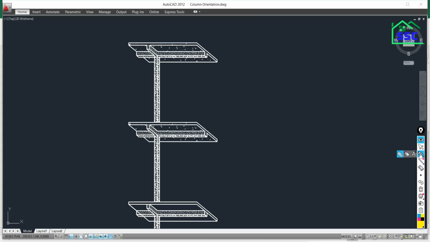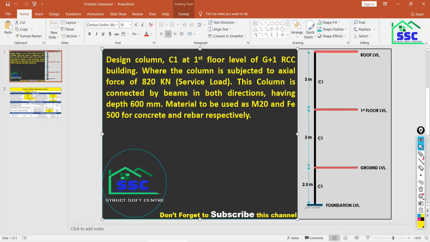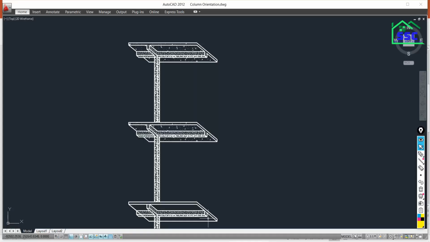But in the calculation we need the unsupported length of the column. How can you calculate it? To calculate the unsupported length of the column, we have to subtract the depth of the beam. In the given problem statement, the depth of the beam is 600 mm in both directions. The total length of the column is 3 meter, that is 3000 mm, and the depth of the beam is 600 mm.